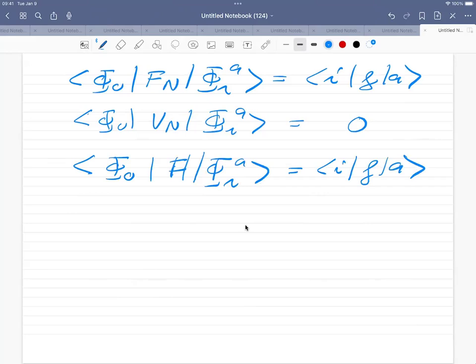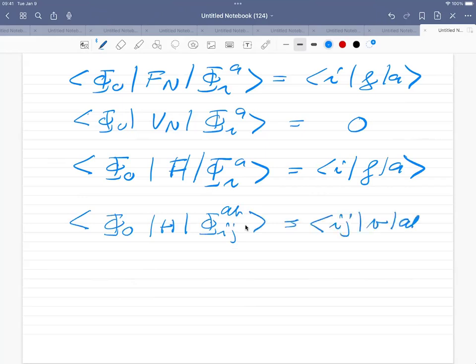Then we also calculated the expectation value of H between phi_0 and phi_ij^ab, and we found that this was equal to the antisymmetrized matrix element between the two hole states ij and the two particle states ab. So this is an example of elements which we can calculate with Wick's theorem pretty easily.